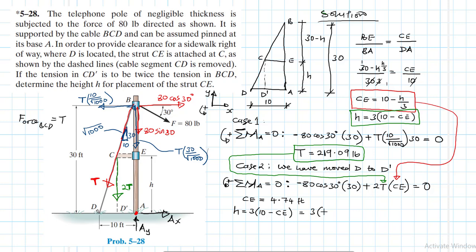Therefore, 3 times 10 minus CE, which is 4.74. So let's calculate, 10 minus 4.74, then times 3. What do we have? We have 15.78 feet.